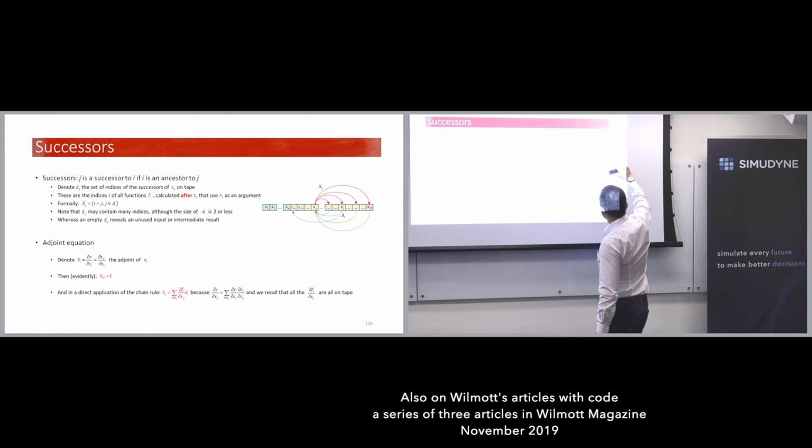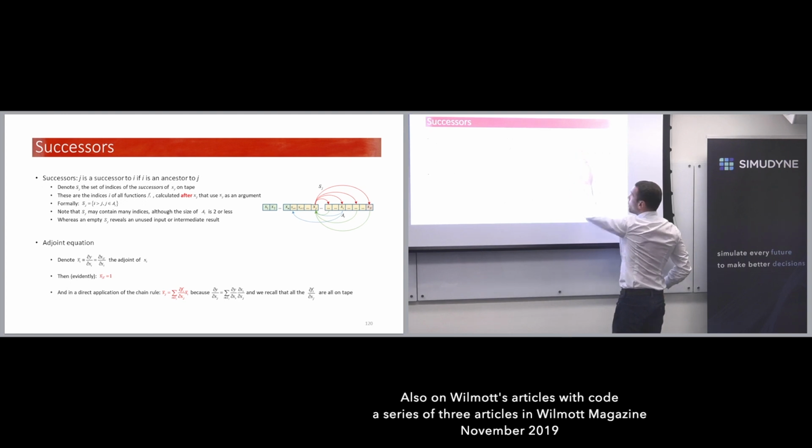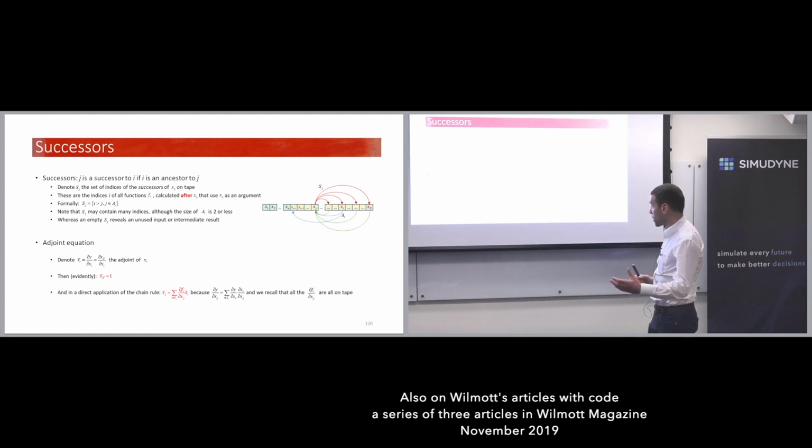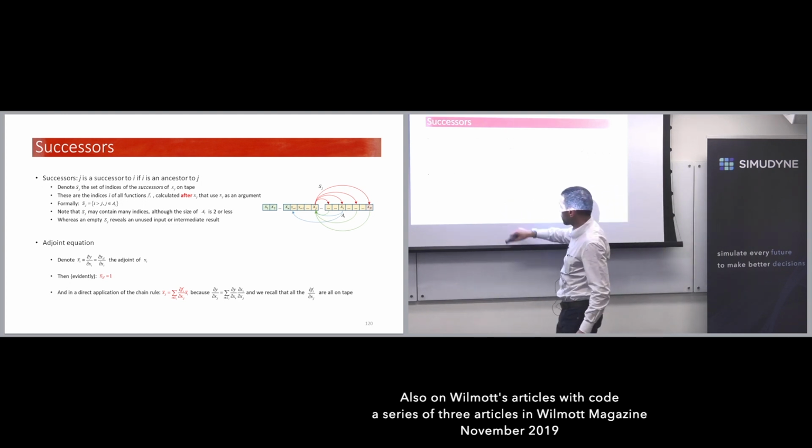So what we're saying is that the derivative of the final result with respect to this guy will be the sum of the derivatives of the final result to all the future guys that use this guy as an argument, times the partial derivative of these successors to xj, right? This is a direct application of a chain rule, once again. And in adjoint notation, it means that xj bar will be the sum over the successors of xj of dfi over dxj times xi bar, right?